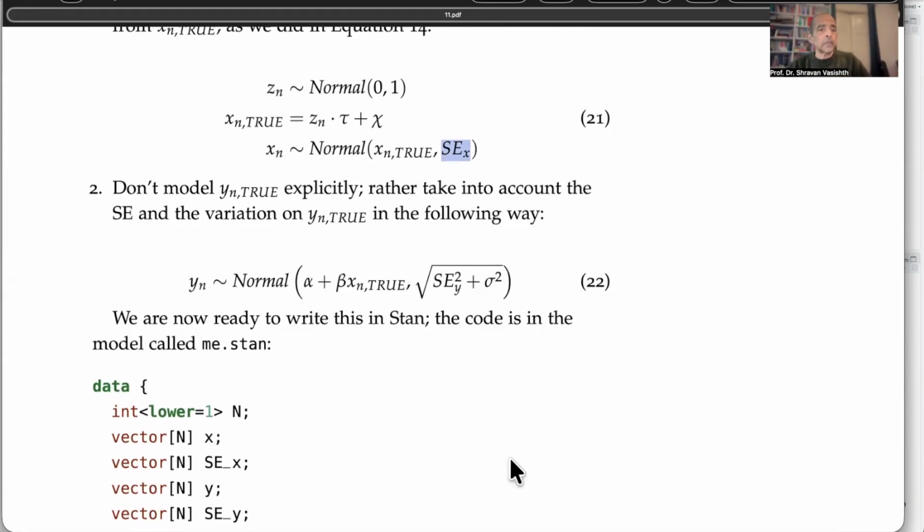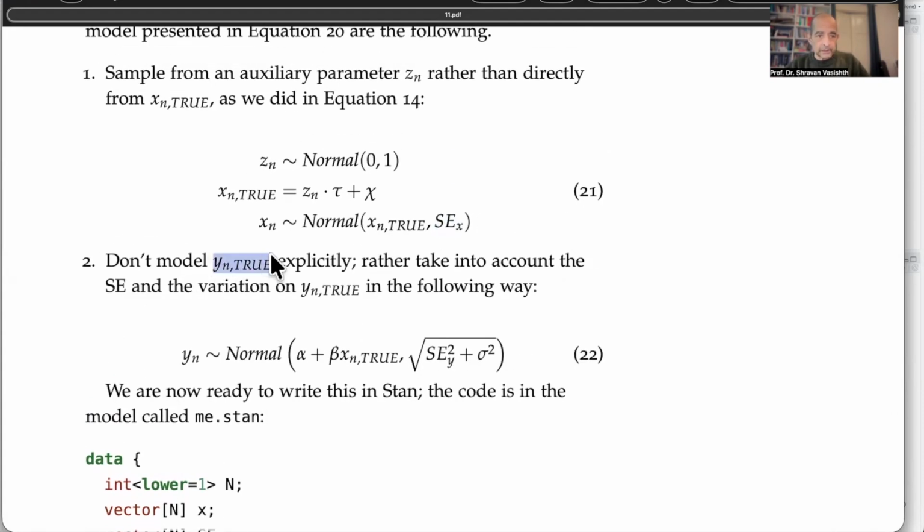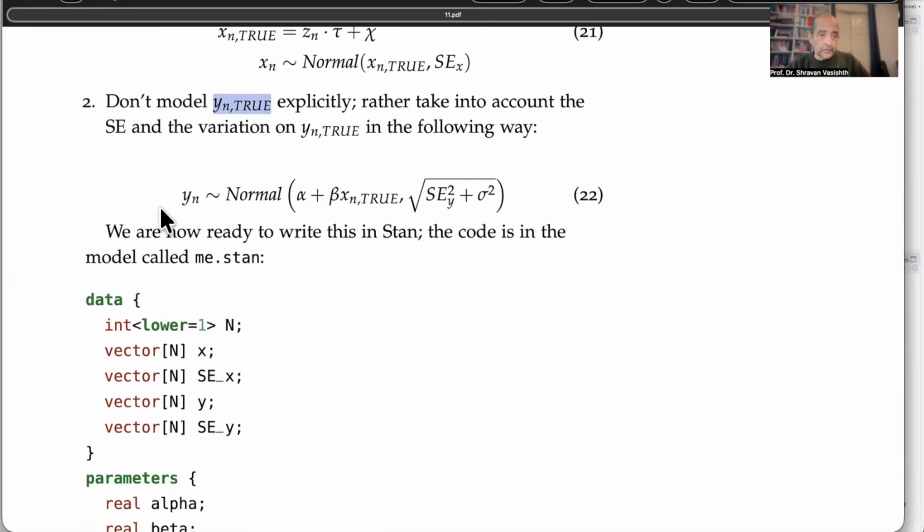All right. So we are also not going to model the y true latent variable explicitly. What we are going to do is say that the observed y values, that is the observed reading speed, is a function of the true unknown PCU scores for each subject. That's the predictor, and some intercept value.